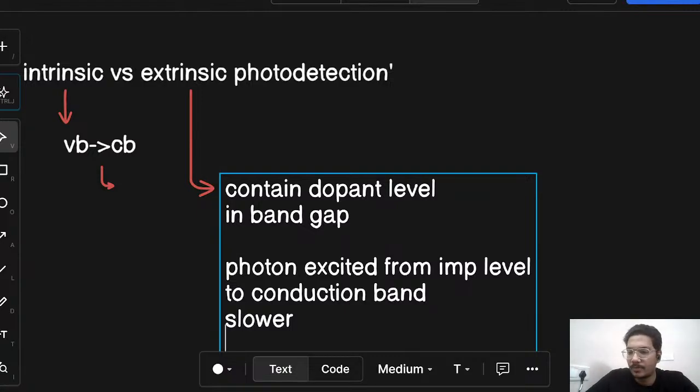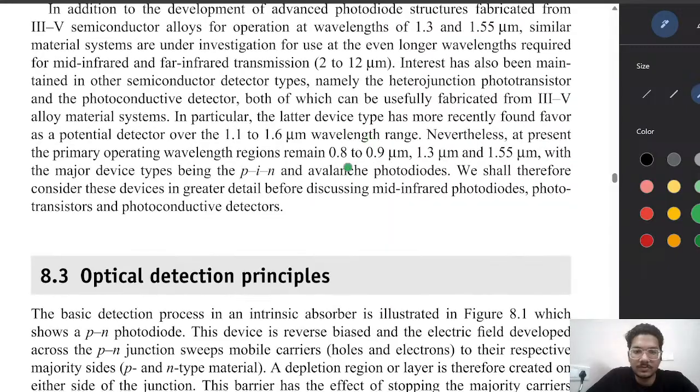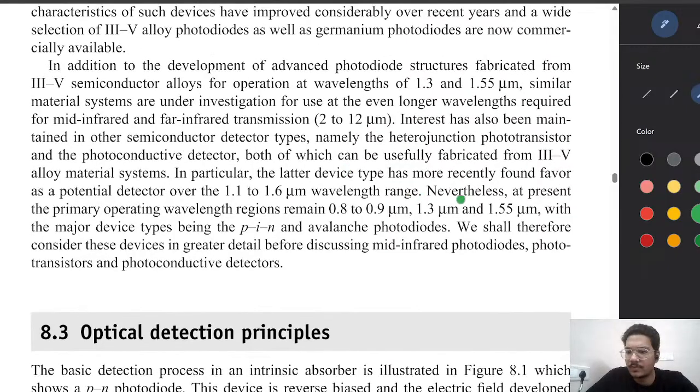The popular materials are germanium and III-V alloys like indium gallium arsenide, indium phosphide, and the quaternary alloy indium gallium arsenide phosphide. They have good responsivity around 1.3 micrometers, faster carrier movement, and low dark current compared to germanium. So these devices are now widely used.